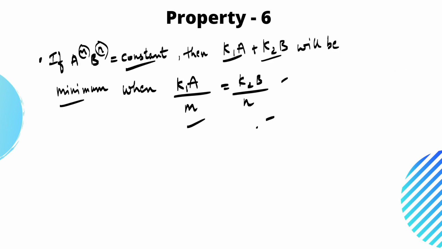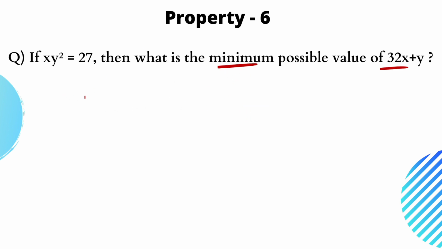But what did we learn? We learned that the minimum value is possible when k1a by m is equal to k2b by n, right? So k1a is 32x, so 32x by the power of x, which is 1, is equal to y by the power of y, which is 2.